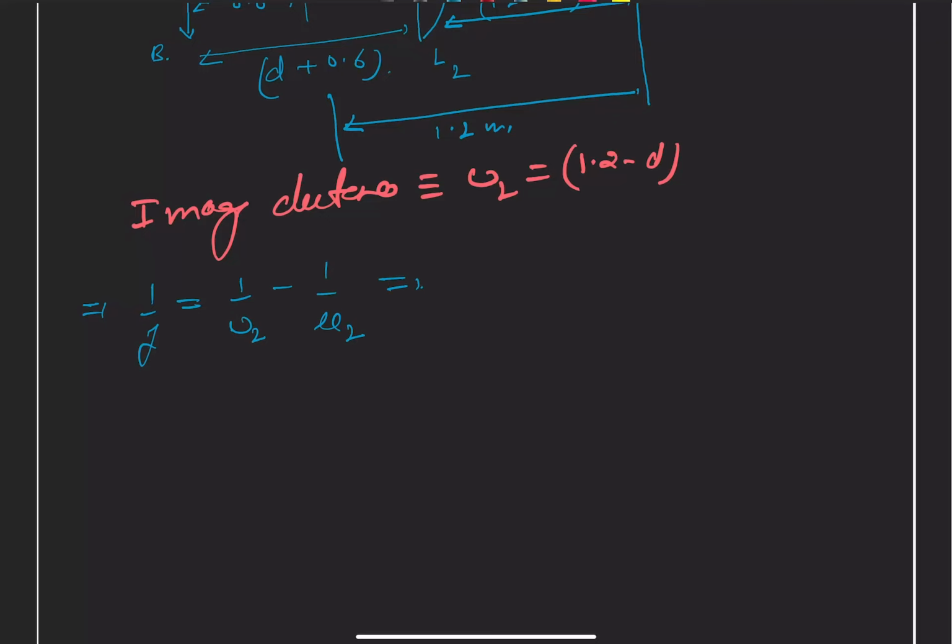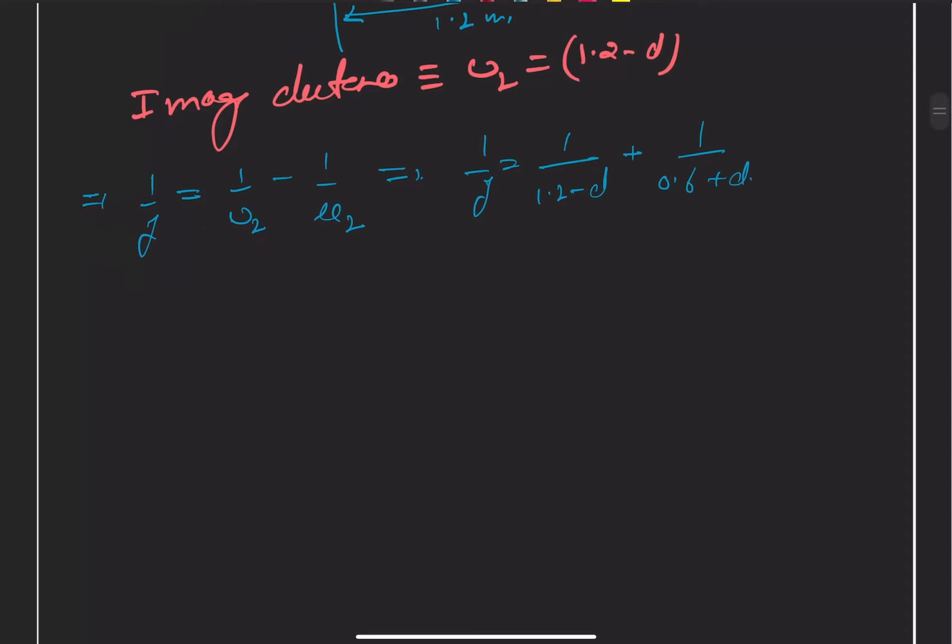So this gives us 1 upon f is equal to 1 upon 1.2 minus d, and minus of this will be coming as plus 0.6 plus d. And we already know that our f is 0.4.